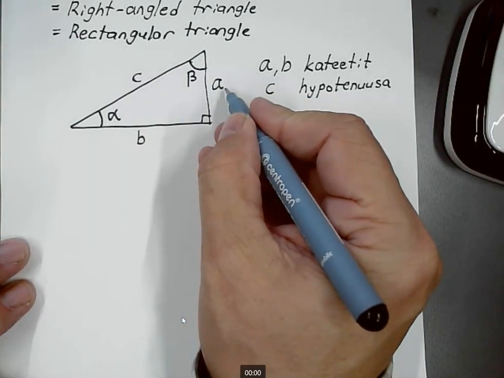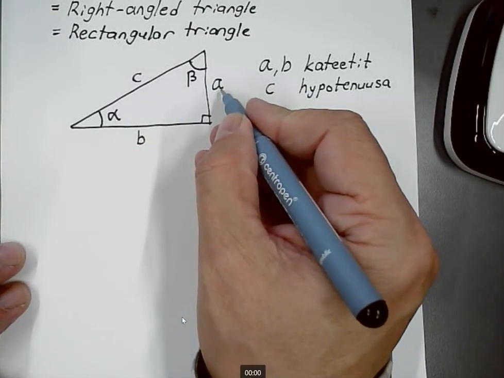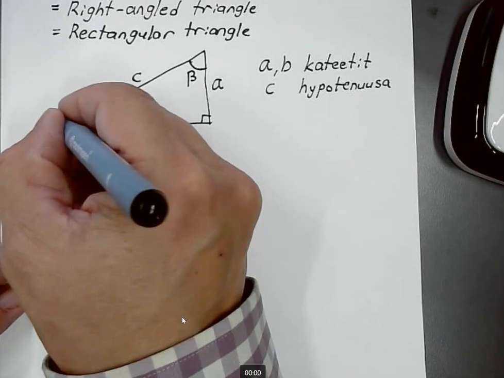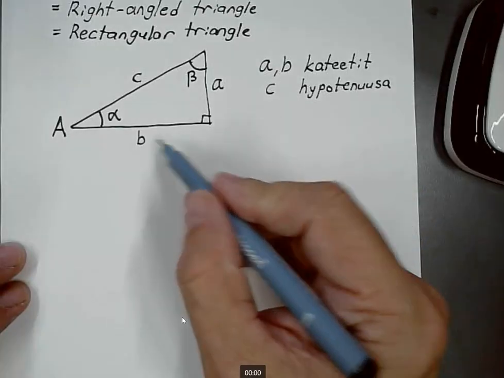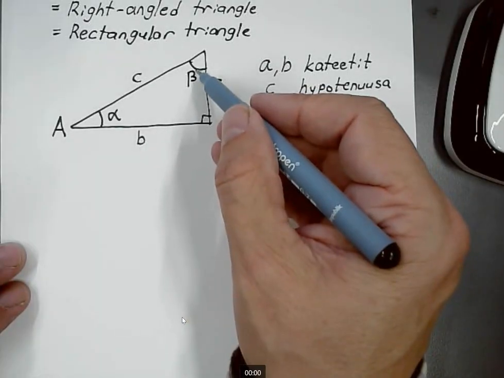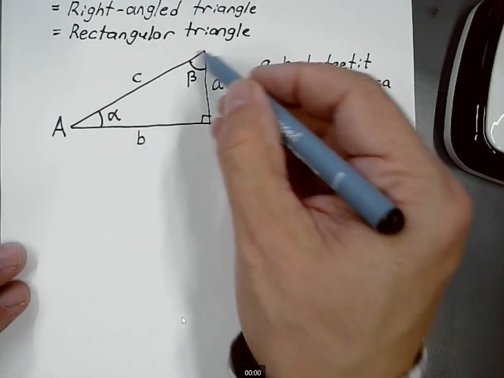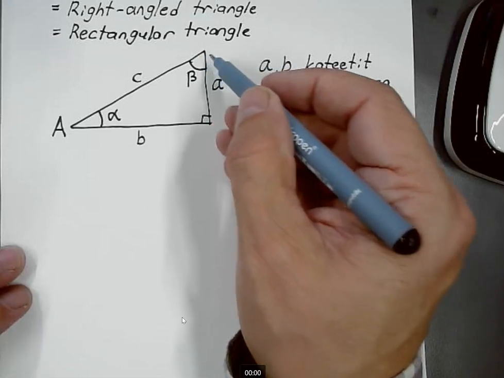If we have this small a letter here, here we get bigger A or large A, and same goes with this corner here.